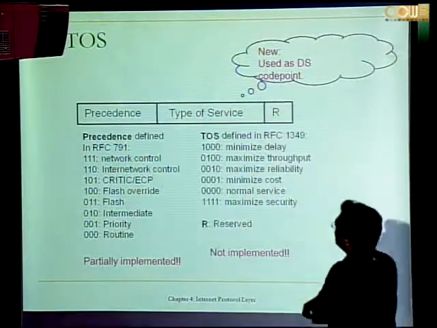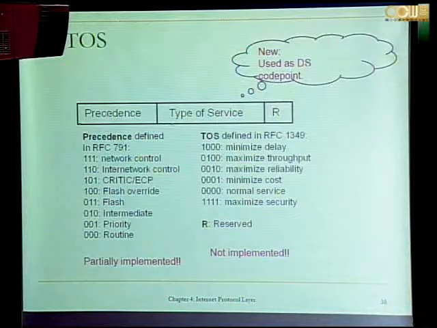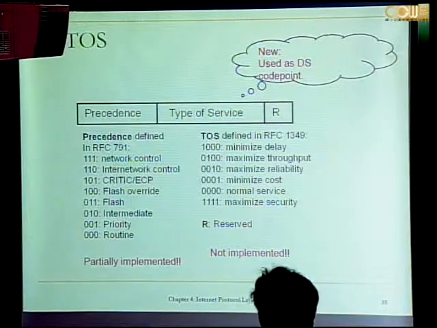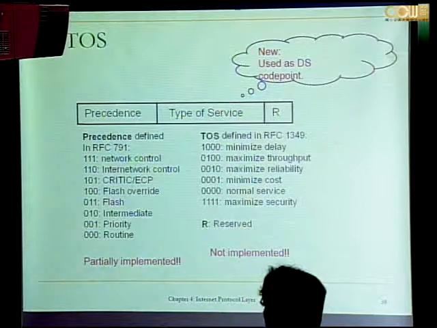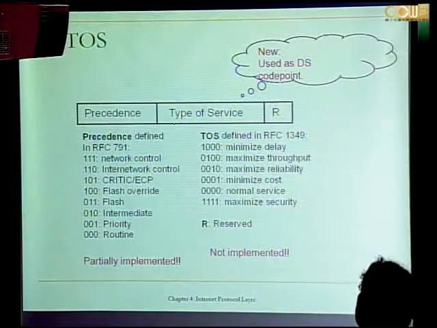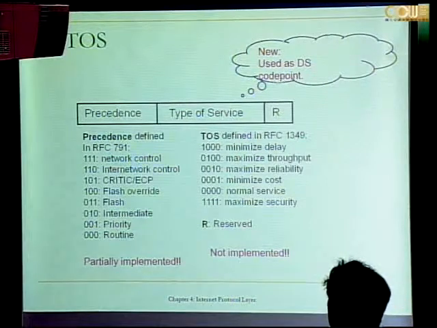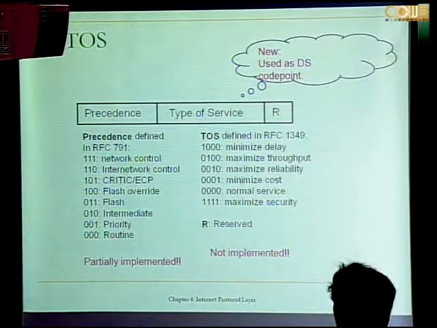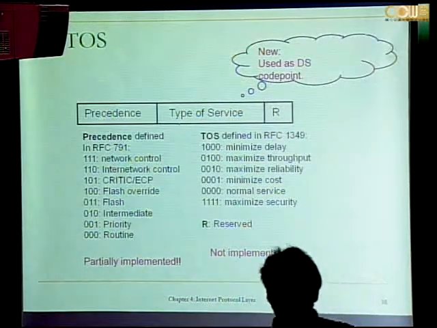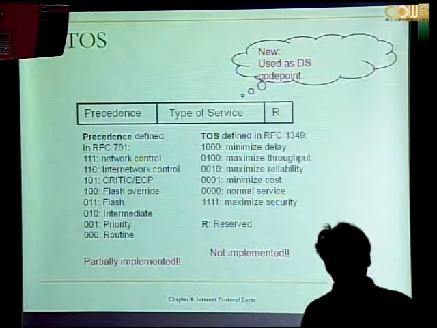They are supposed to be supported by routers, meaning if a router receives a packet, it should check the TOS, the type of service field, and treat the packet differently according to TOS. But most routers do not. Most routers would just treat the packets equally, without looking at the TOS.